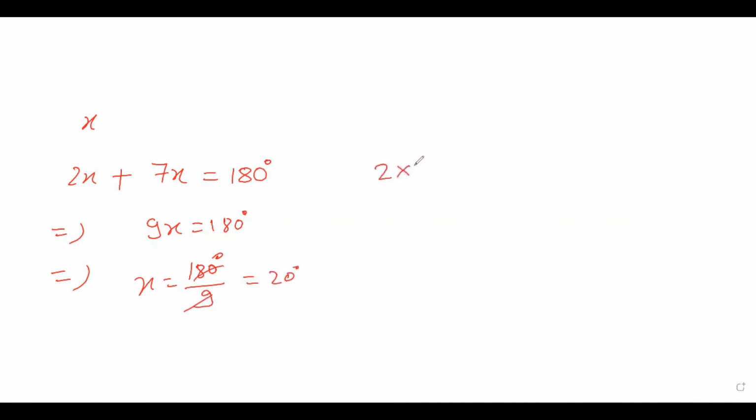The first angle is 2 into 20 degree, that is 40 degree, and the second is 7 into 20, 140 degree. So I hope this question is clear to you. Keep writing these questions.